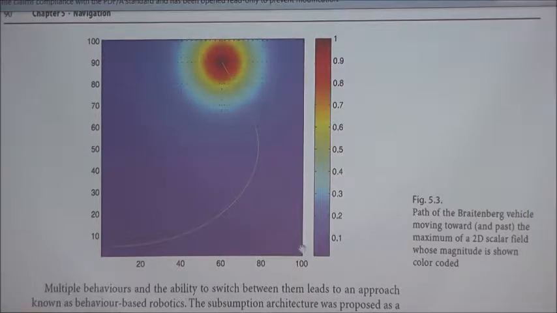So it's blue and has a very small value of the cost function, a scalar function. As you move closer to the goal, this value keeps going up. And when you reach sensor value of 1 for each, you have 2 minus 1 equal to 0, which you are reaching here.